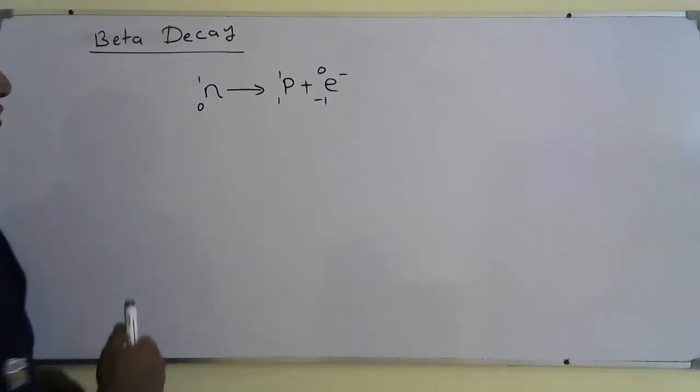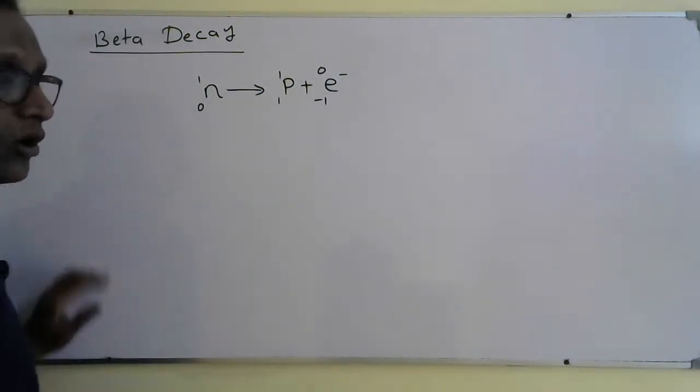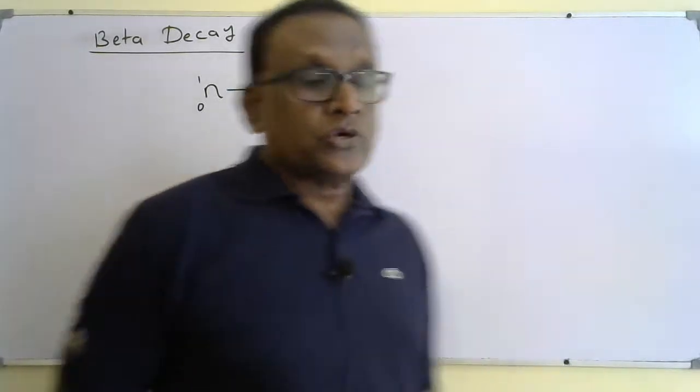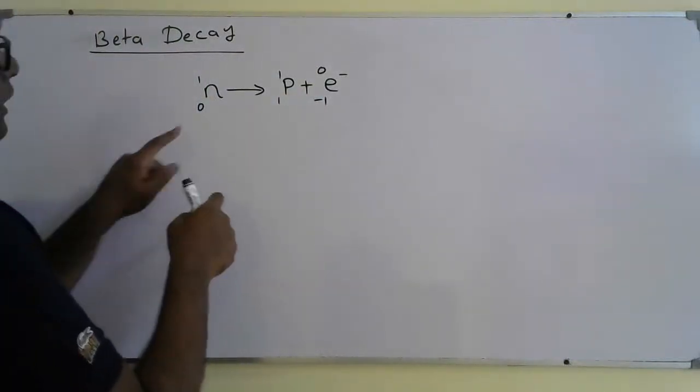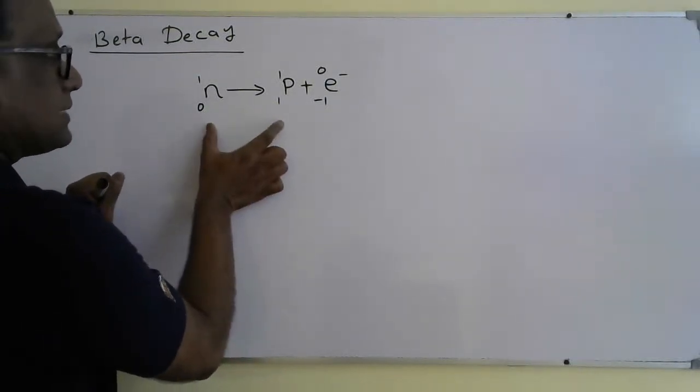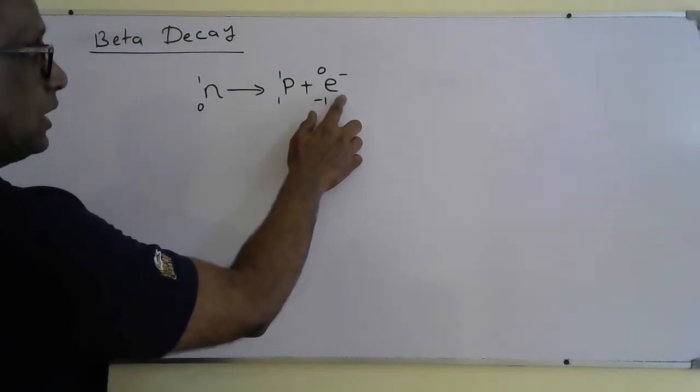All these decays should obey the conservation properties. Here you can see the baryon number is balanced, since the neutron and proton are both baryons, and the charge is balanced. The next factor, lepton number, should also be balanced. The neutron and proton are baryons with lepton number 0, but the electron is a lepton with lepton number +1. So we need a particle with lepton number -1, no charge and no baryon number.